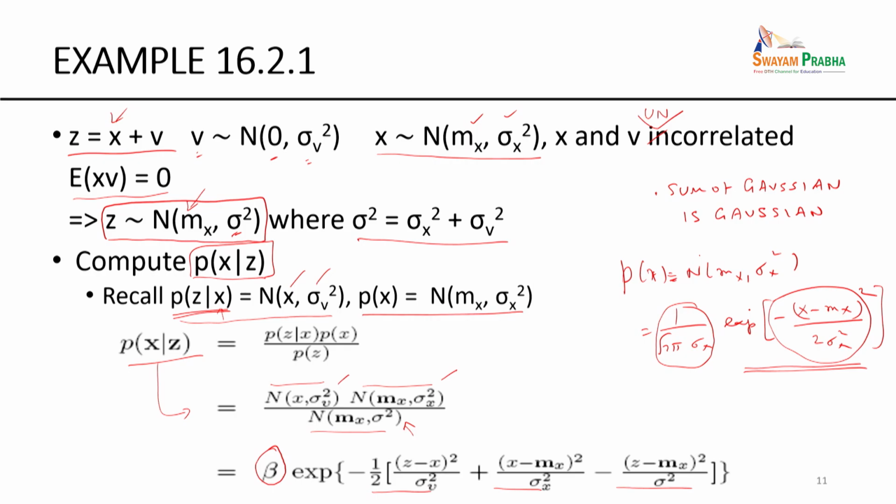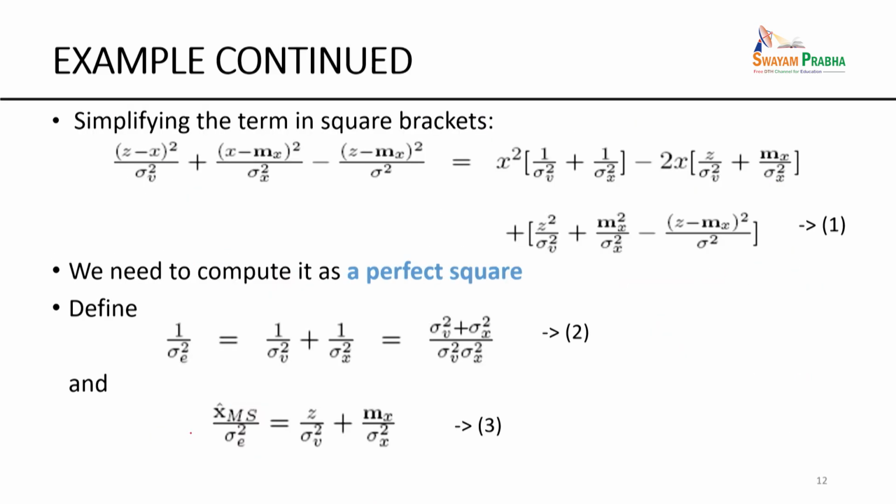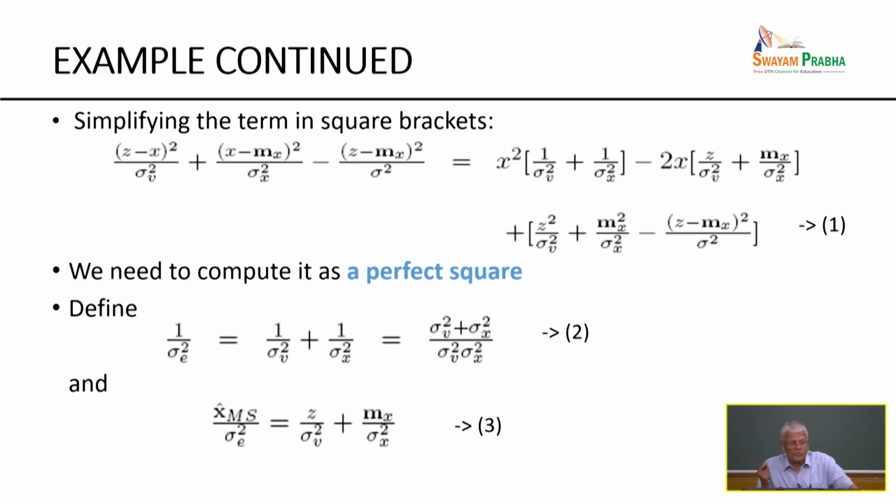Substituting the exponential term for each of these, I want you to verify that this is the expression for the posterior distribution. Once the posterior distribution can be simplified, I can compute its mean, variance, and so on.